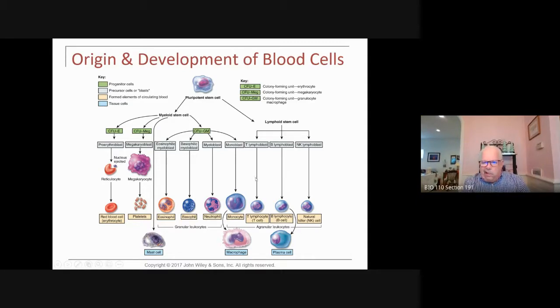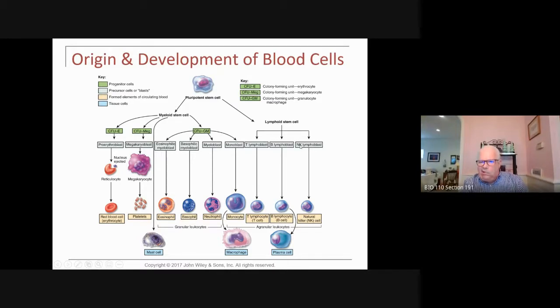The lymphocytes do not come from the myeloid stem cell. They come from the lymphoid stem cell. And the lymphoid stem cell produces lymphoblasts. And there are three lymphoblasts: the T lymphoblast, the B lymphoblast, and the NK lymphoblast.